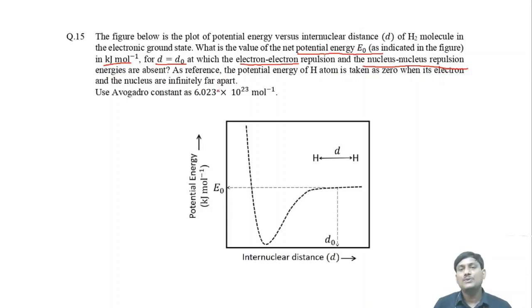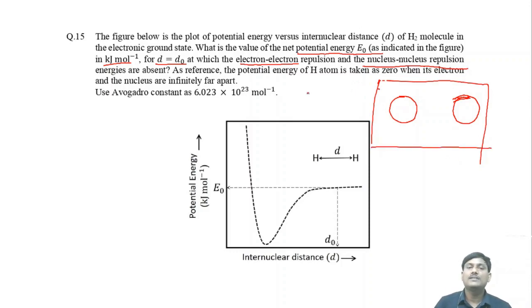It means when there are no electron repulsions or nucleus repulsions, these two are individual atoms, far away. There is no repulsion between electron and nucleus. Then what is the energy of this system?